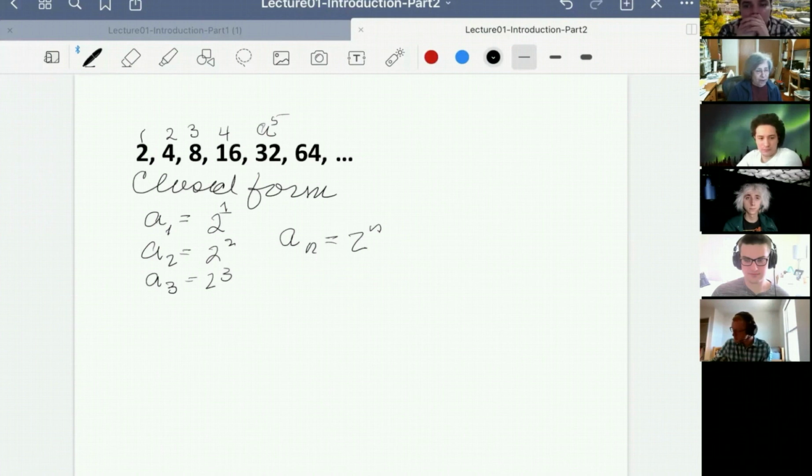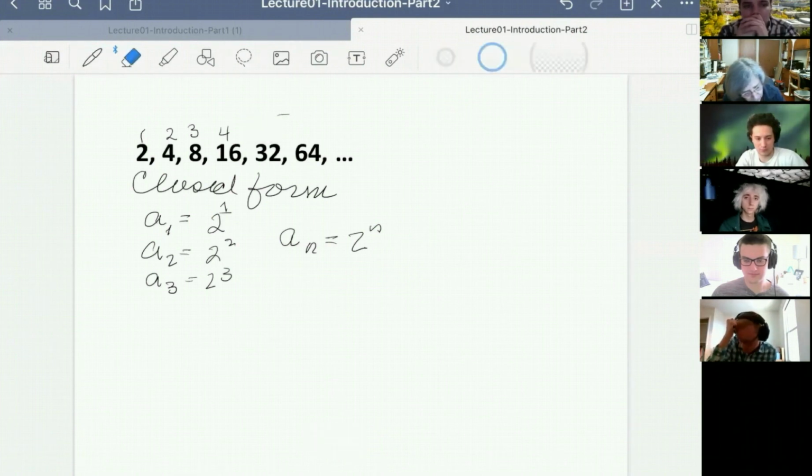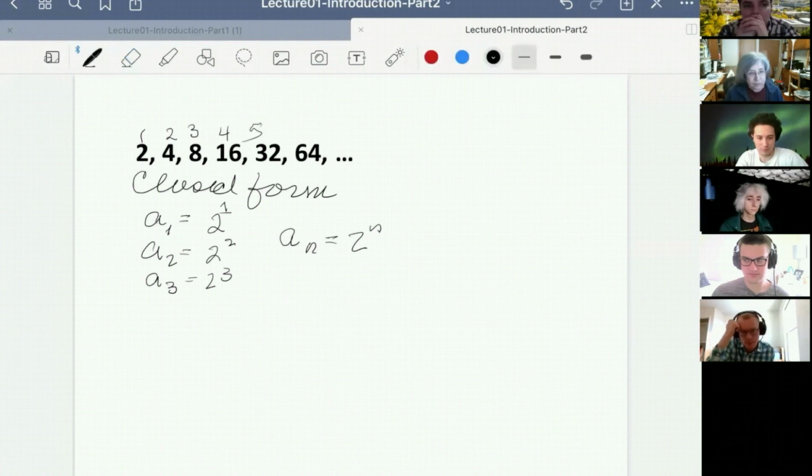Now, when you do this, you can check it. What's A sub 5? A sub 5 would be 2 to the 5th, which is 32.